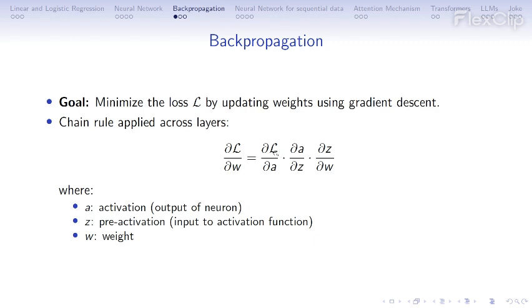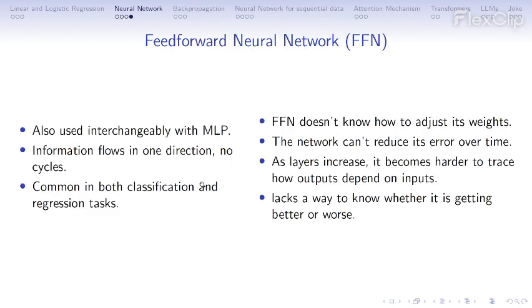So the partial derivative of the loss function with respect to A, times the partial derivative of A with respect to Z, and the partial of Z with respect to W. That means the activation is the output of the neuron, this Z is the pre-activation, and the weights, everything here.